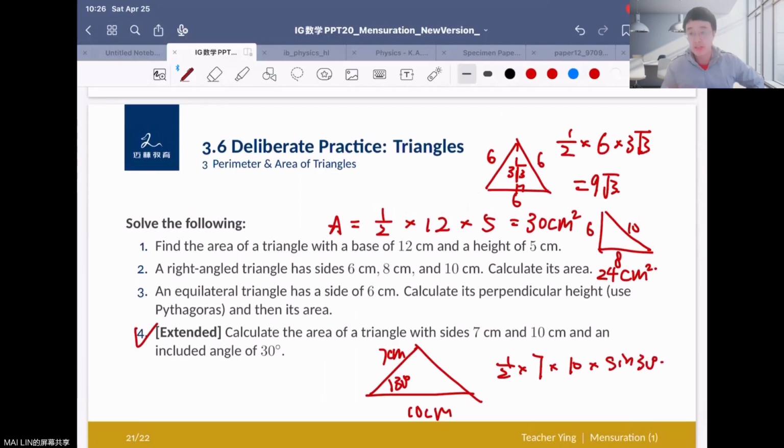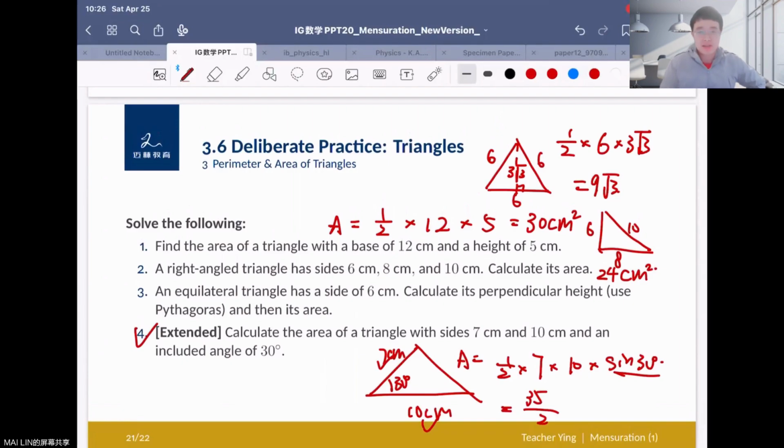You don't need to understand the trigonometry, but you can remember the formula: the area is half times two sides and the angle between them, times sine 30 degrees. So the final answer is 35 over 2. That is problem 4.